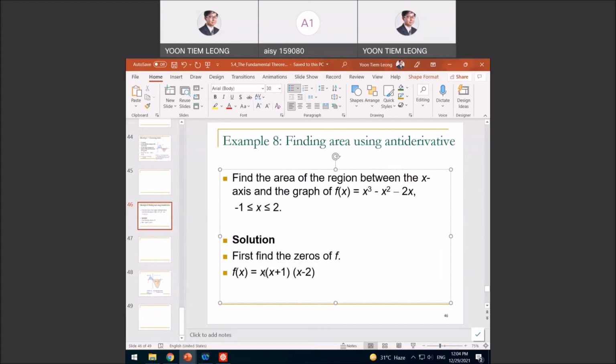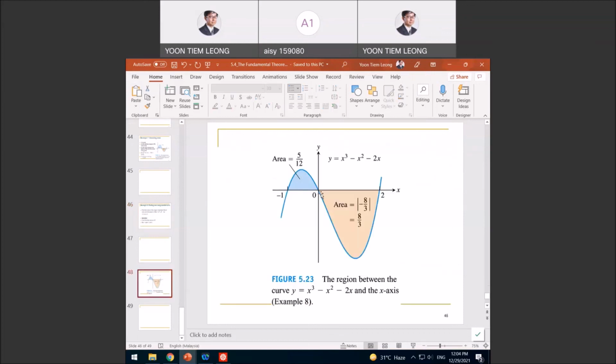So you can easily see that the zeros of the function occur at x equals 0, x equals -1, and x equals 2. So you have 3 zeros, then you sketch the function. Then easily you can see from the sketch that the area of the function is divided into 2 sections.